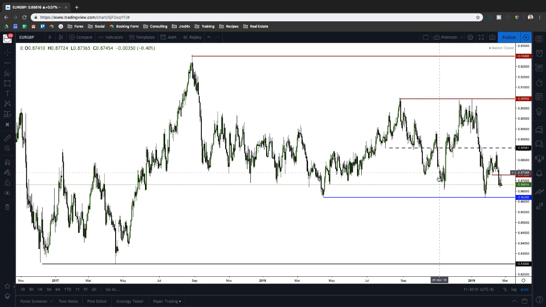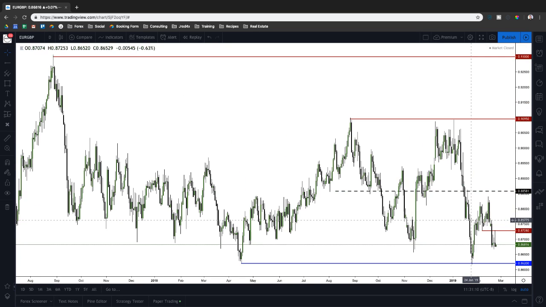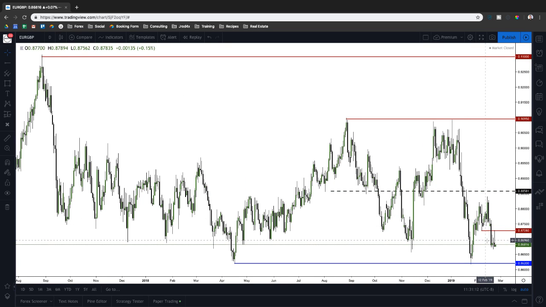So while this thing is in consolidation, both of those pairs, euro USD and GBP USD, can move on their own. But when this thing is trending in a significant bearish or bullish trend on a daily basis, for example, we can see a lot of volatility come in those two pairs. So keep that in mind. But like I said, I do want to see, can we break below 86.20?